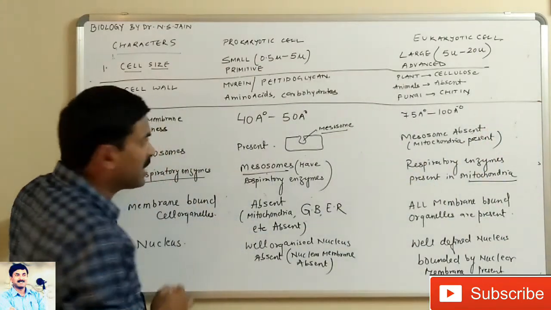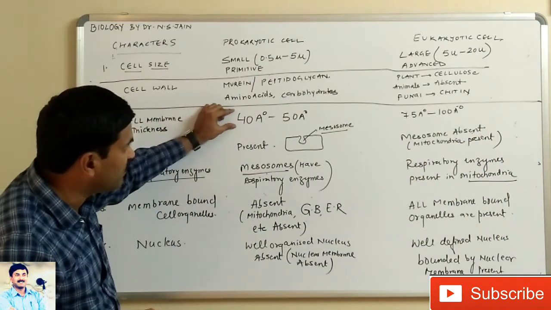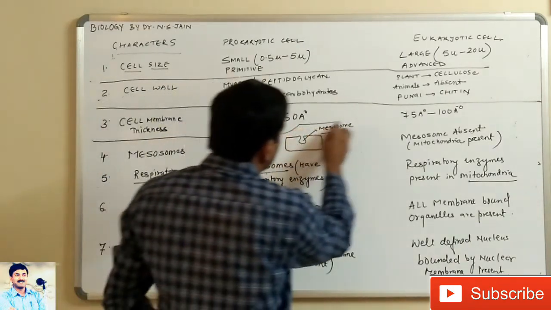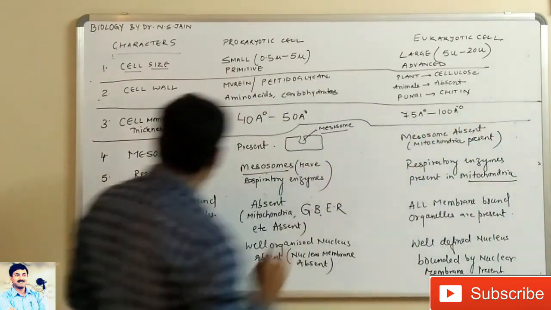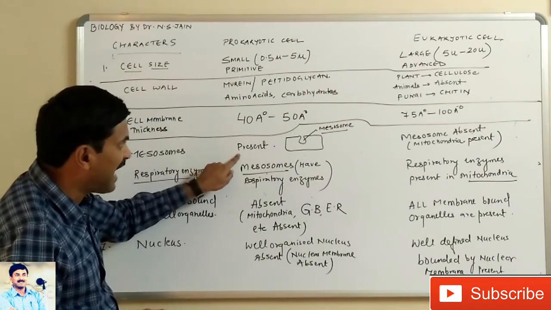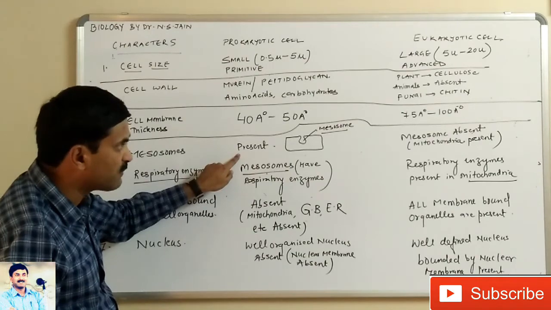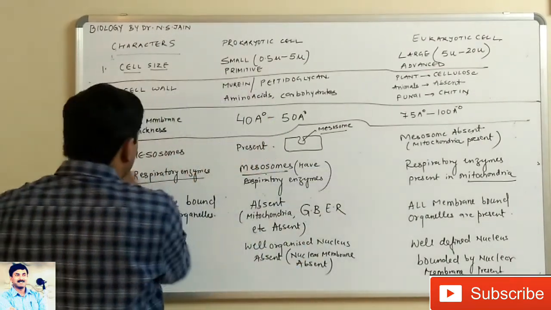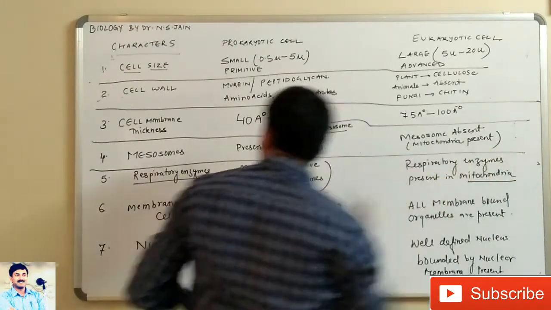The third point, cell membrane thickness. The cell membrane thickness is 40 to 50 angstrom. Here the cell membrane thickness is 75 to 100 angstrom. Mesosomes: in place of mitochondria, prokaryotic cells have mesosomes, which are the infoldings of the plasma membrane. Here mitochondria are present but mesosomes are absent.